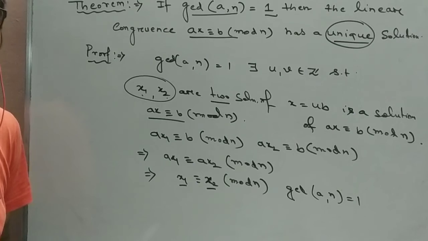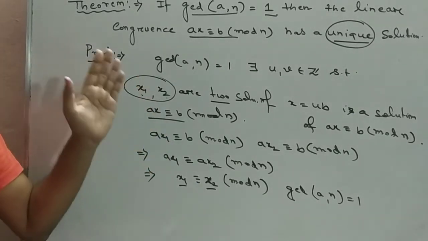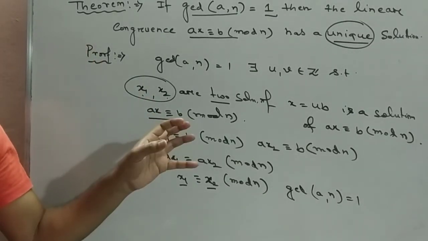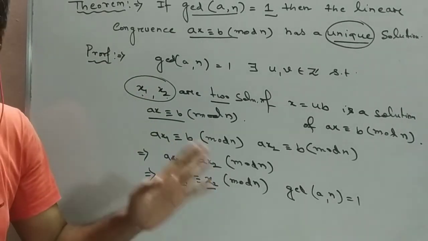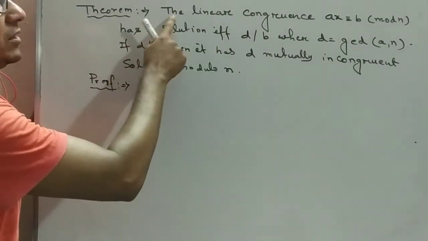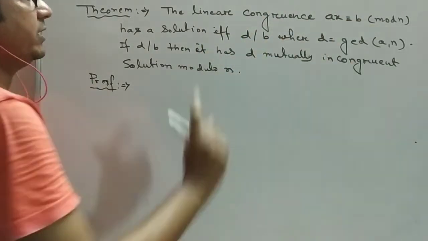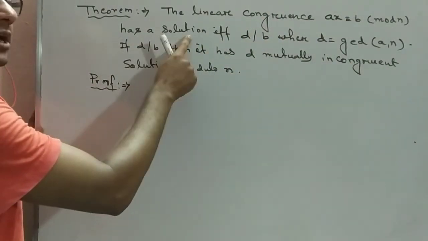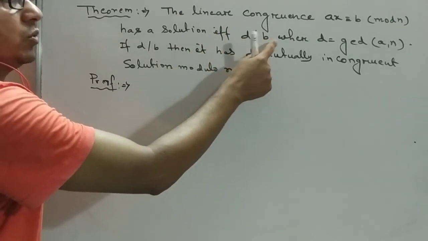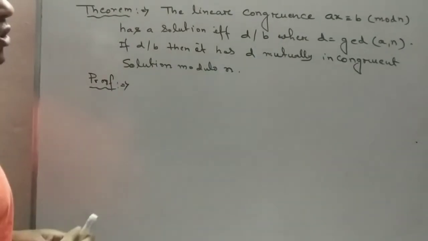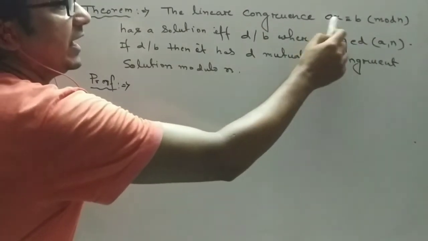Now we go to the second theorem, related to the number of solutions and the existence of solutions of a linear congruence. The linear congruence Ax congruent to B mod n has a solution if and only if D divides B, where D is the GCD of A and n.